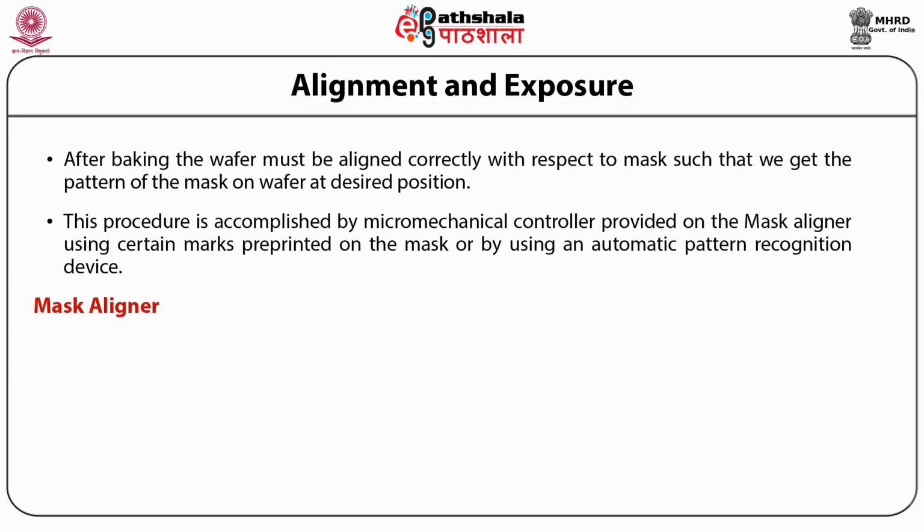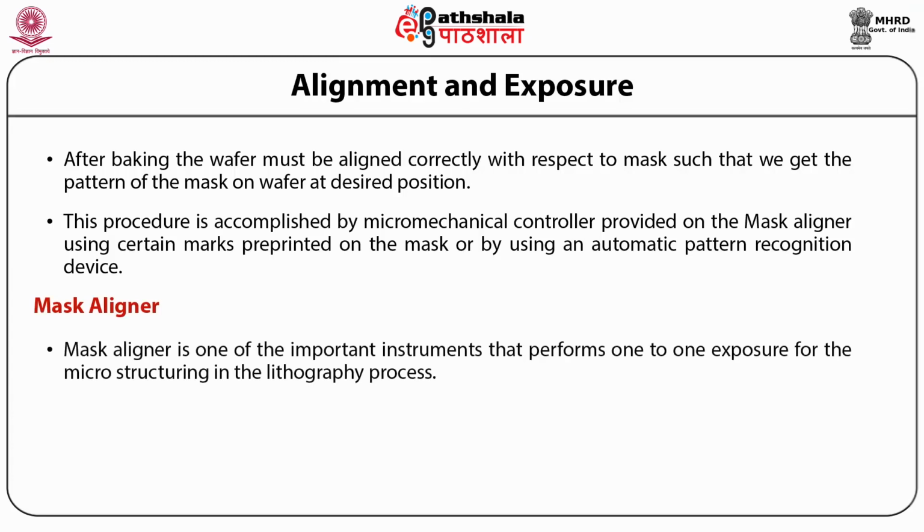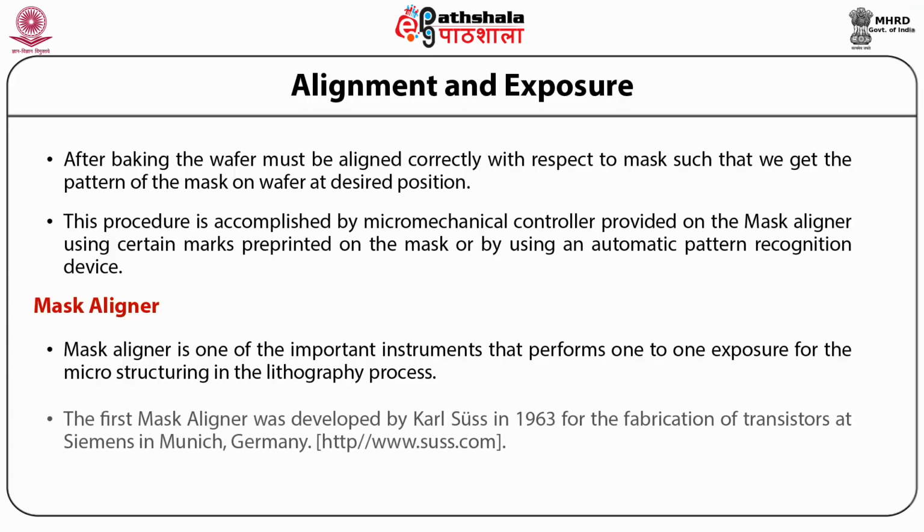Mask aligner. Mask aligner is one of the important instruments that perform one-to-one exposure for the microstructuring in the lithography process. The first mask aligner was developed by Carl Zeiss in 1963 for the fabrication of transistors at Siemens in Munich, Germany.